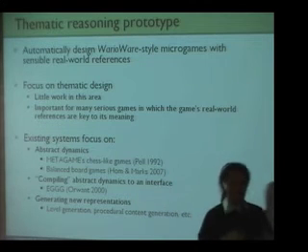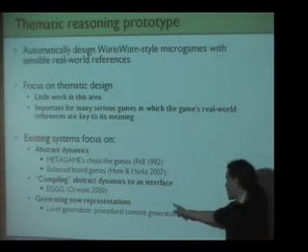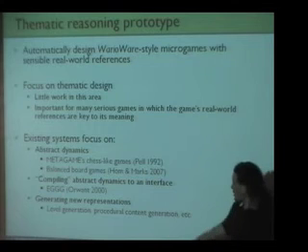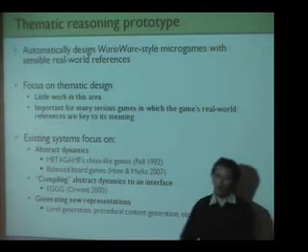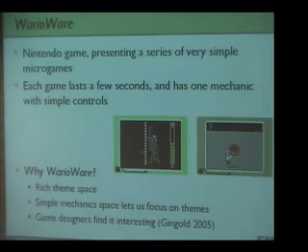So you gave it a fixed description of an abstract dynamics that came from somewhere else. It didn't reason about that. And then it did some reasoning about how to map that abstract mechanics into an interface. And then there's level generation, various procedural content generation systems, and so on, which focus on generating new representations for fixed mechanics, but no work on reasoning about thematic design or game mechanics beyond balanced board games or chess-like games.